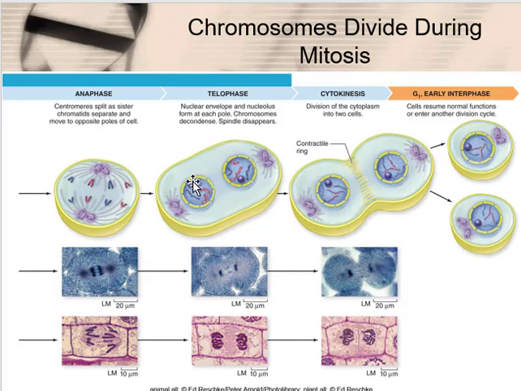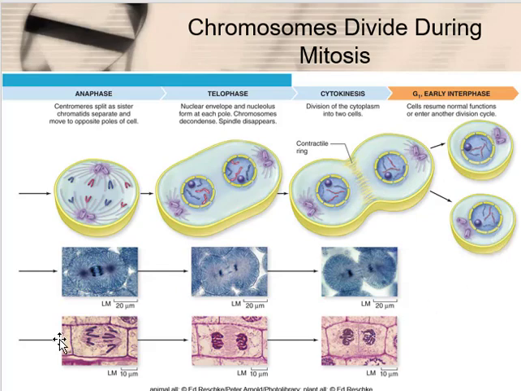In telophase, the nuclear membrane reforms, and so your chromosomes are back in your nuclear membrane, and then the little fibers will squeeze these two cells in two, and they become two daughter cells.